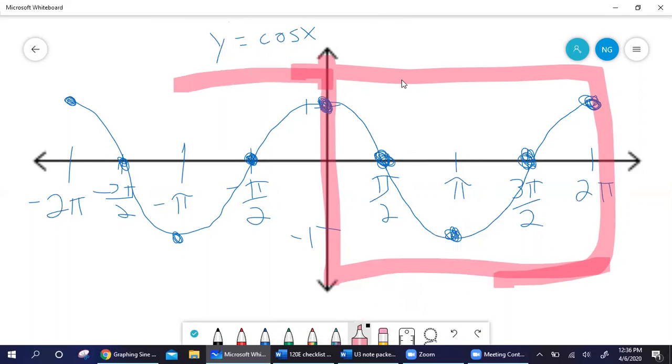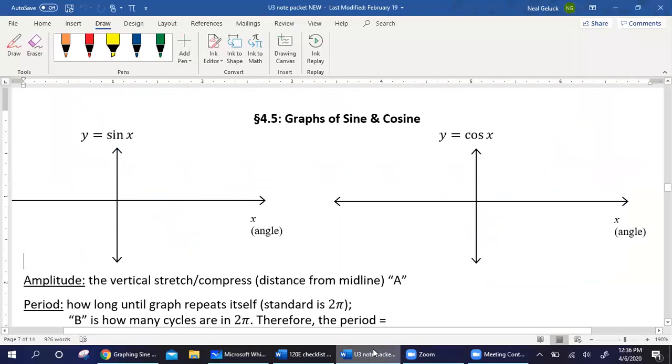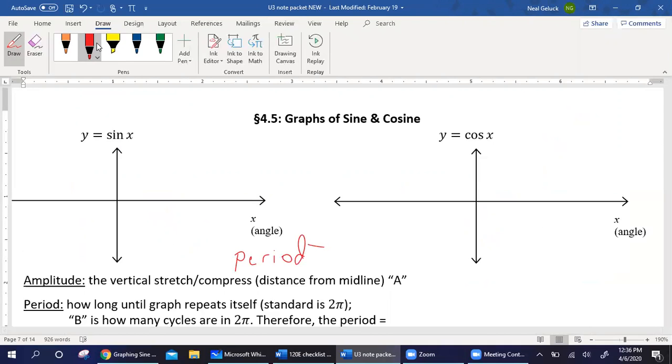Over here would be another snapshot of cosine, and it takes a distance of 2 pi. So whether we're talking about sine or cosine, their period, which is the cycle, how long it takes, is 2 pi, regardless, for the parent graphs here.